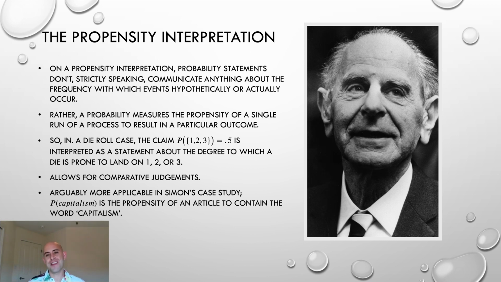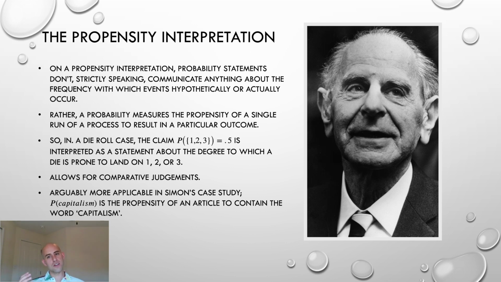But it's strange to say that what we're estimating by doing that is the frequency with which capitalism would appear in an infinite series of New York Times articles written in 1934. It just doesn't feel like that's what we're doing when we do that project, is estimating what would happen if the New York Times had actually written infinitely many articles in 1934. It's not clear what one has to do with the other, and it's not clear that that's really what we're after when we do this kind of inquiry, right?